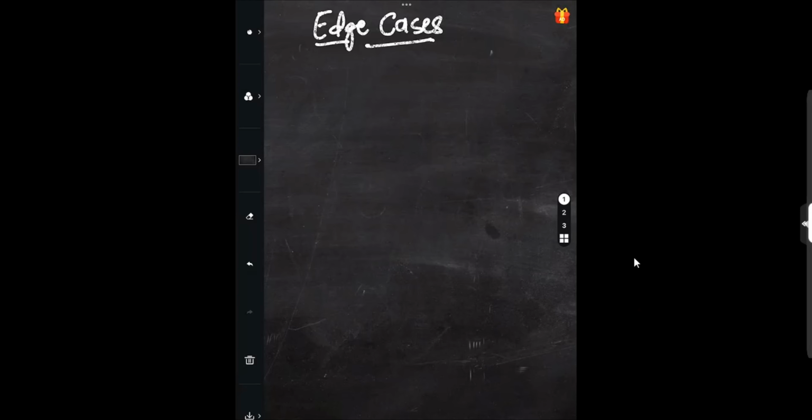So here the first edge case is both the lists contain a single node with 0. So I'll go with L1, let me consider here 0, and L2, I'll consider this one as 0 as well, because the edge case says both lists contain a single node with 0.